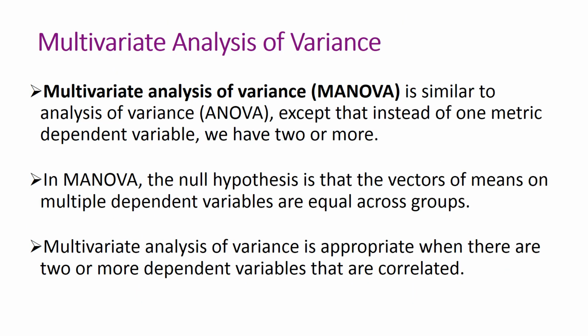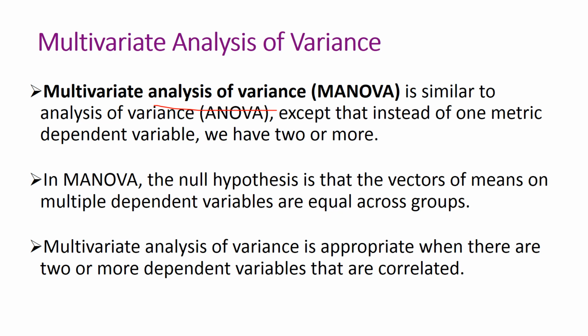Now, multivariate analysis of variance. MANOVA is similar to analysis of variance, except that instead of one metric dependent variable, we have two or more. ANCOVA has covariates, but here there is more than one dependent variable.